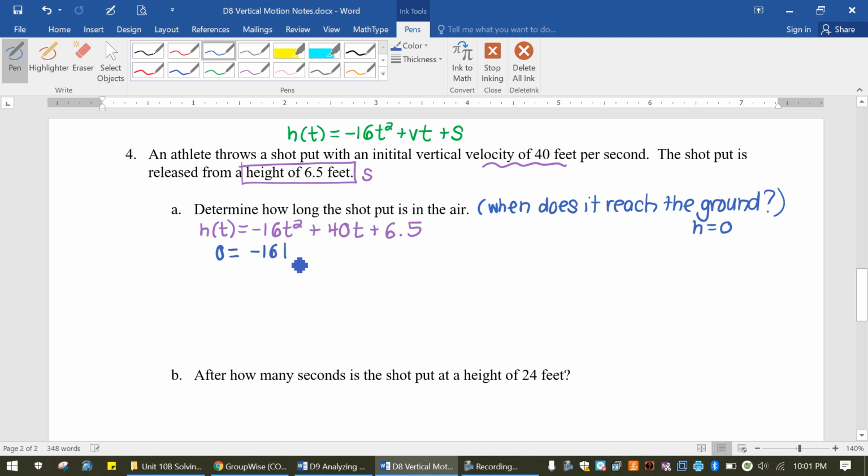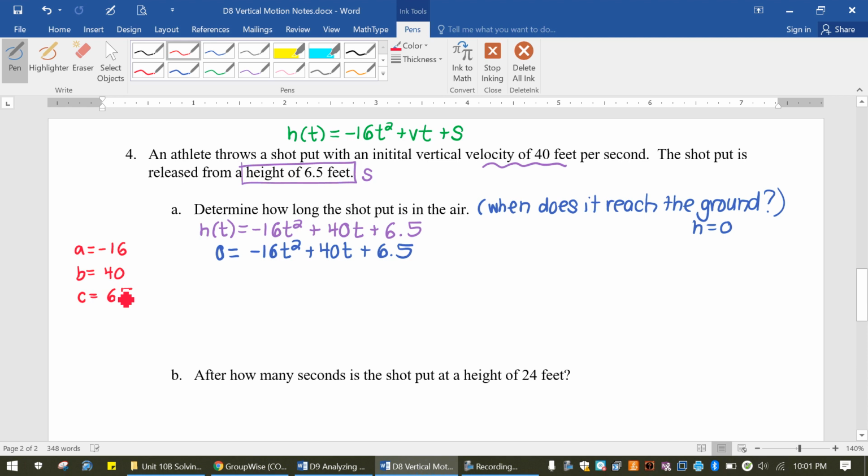So negative 16t squared plus 40t plus 6.5. So we have a quadratic equation here that is set equal to 0. And what I'm going to do is use the quadratic formula. So I'm going to list my a, my b, and my c. My a is negative 16. My b is 40. And my c is 6.5.